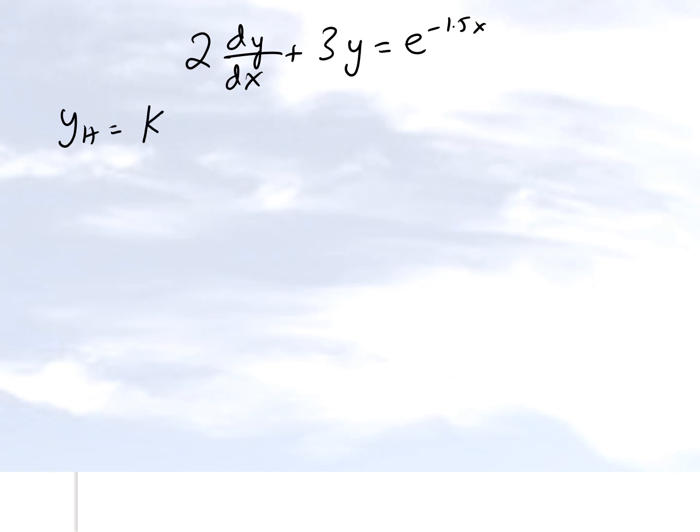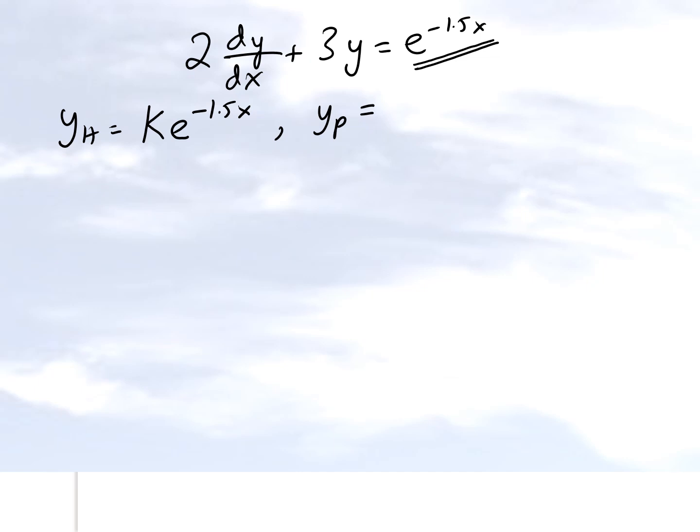Let's recall the differential equation which we had. It was as follows. And we just found out that the homogeneous part of the solution is k e to the power minus 1.5x. So let's see what the particular part of the solution is. The particular part of the solution is the form of the right-hand side, or the forcing function, and all its possible derivatives.